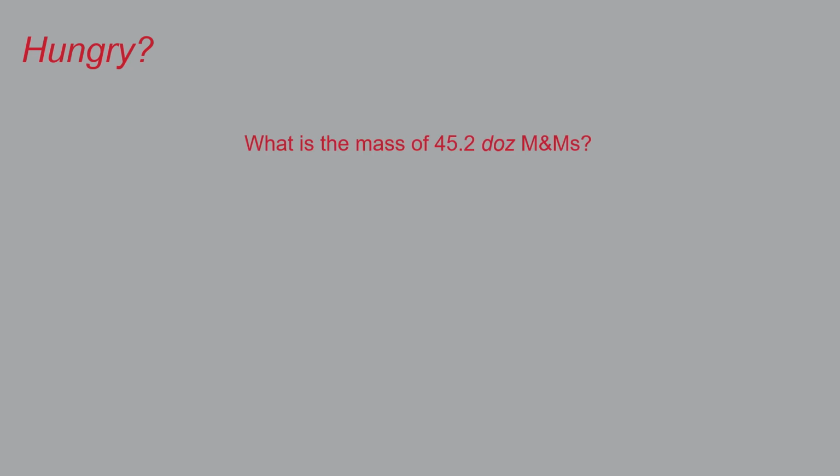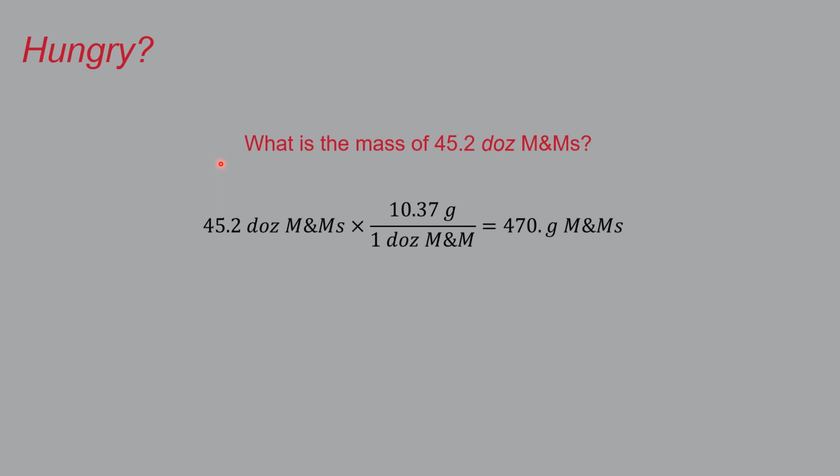Alright, so now let's think about this in the other direction. If I knew I had 45.2 dozens of M&Ms, what would the mass of that pile be? Well, our dozen mass, or in this case its inverse, is how we would do this. I know I've got 45.2 dozen M&Ms.